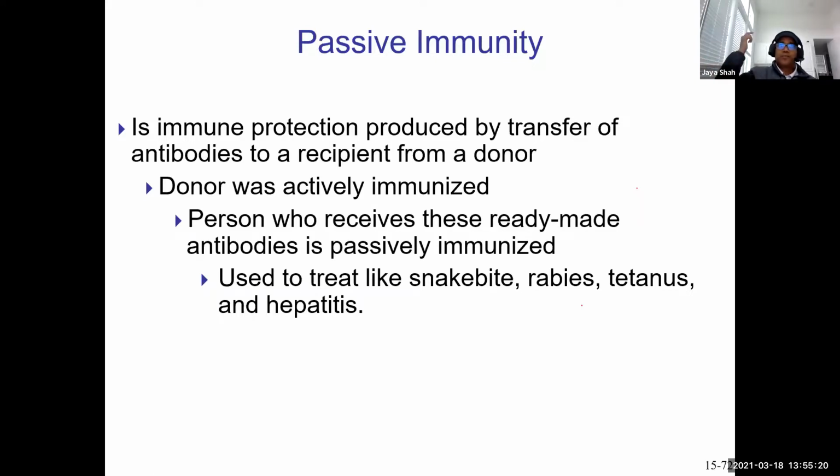If you take tetanus immunoglobulin, then that is passive. If you take the hepatitis vaccine, then that is active. If you take hepatitis antiserum immunoglobulin, then that is passive immunity. Are you following me?